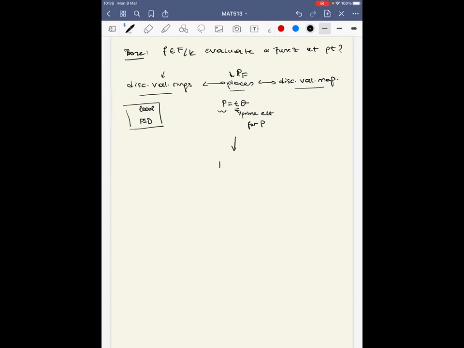And to understand the point, we introduced the residue class field as a quotient ring O_P modulo P. And by regarding the relation of O_P and P with the base field K, we have observed that we can view that field as an extension of the base field K. This extension degree defines what we call the degree of a place.